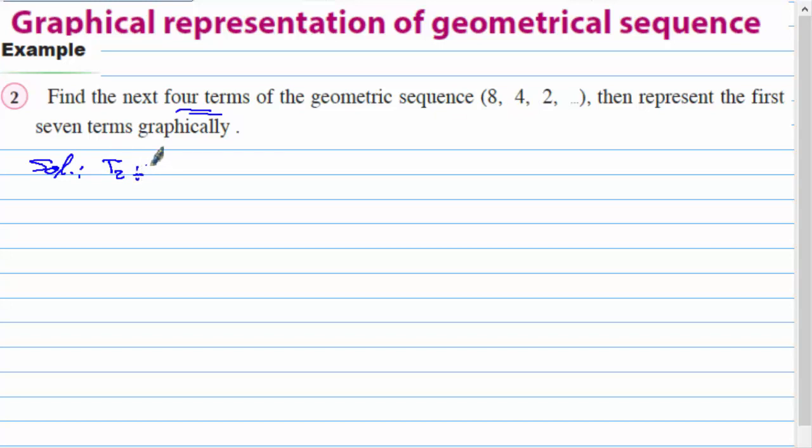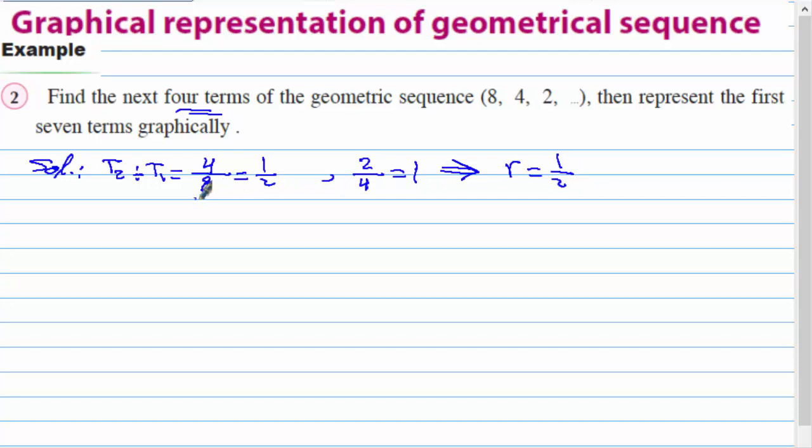T2 divided by T1 equals 4 divided by 8, which equals half. Also 2 divided by 4 equals half. Then the common ratio r equals half.